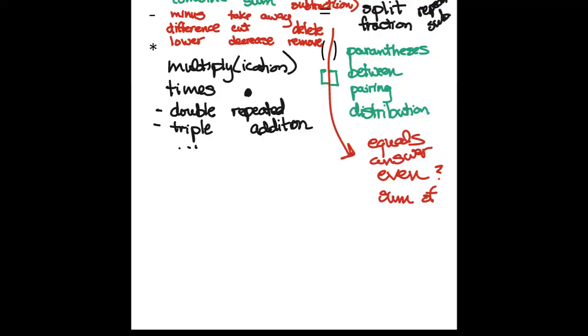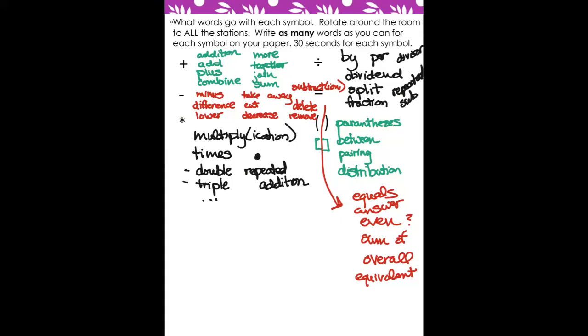Overall. Okay. The answer, do we have that? Yeah, we got answer. Align. Equivalent. Ooh, I like equivalent. I don't know about align. Do you think align? Align. I don't know. I'll put a question mark with that one. Okay. So, many, many different words. Fair. Fair? I don't know.